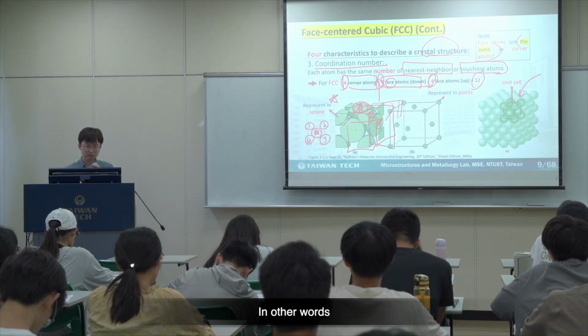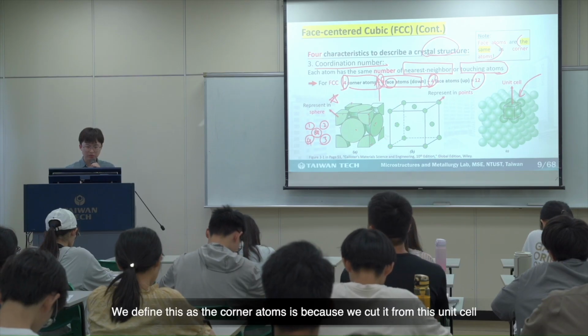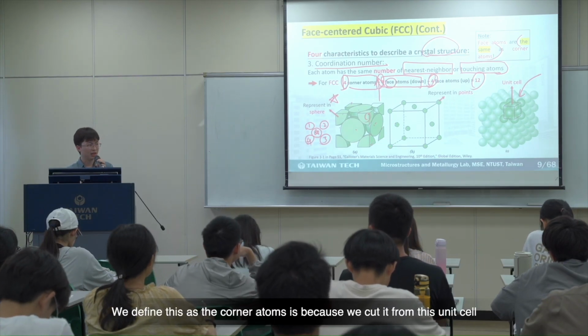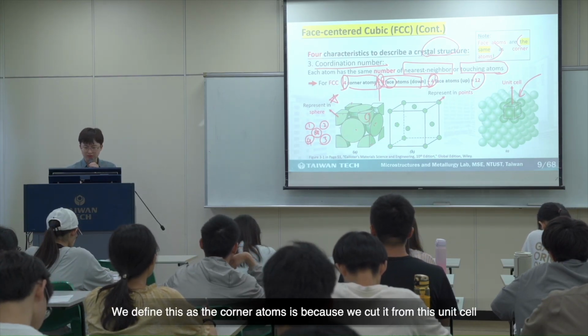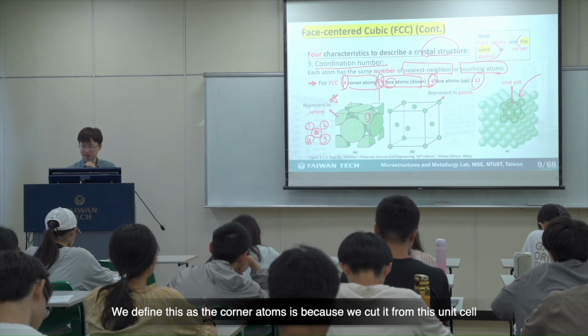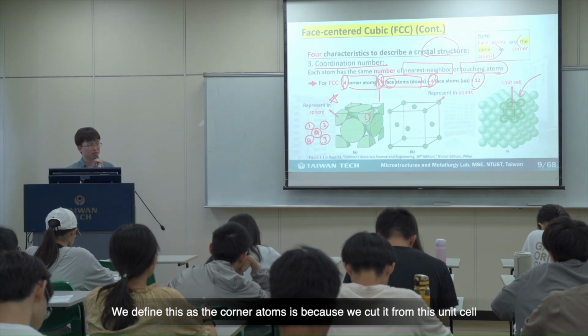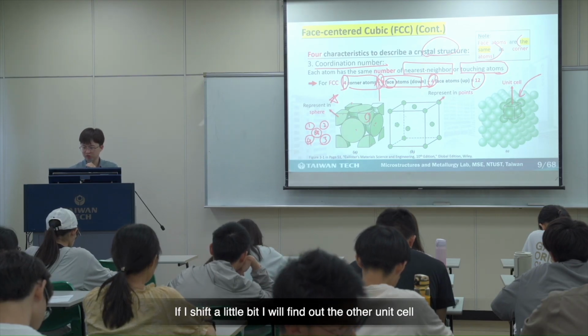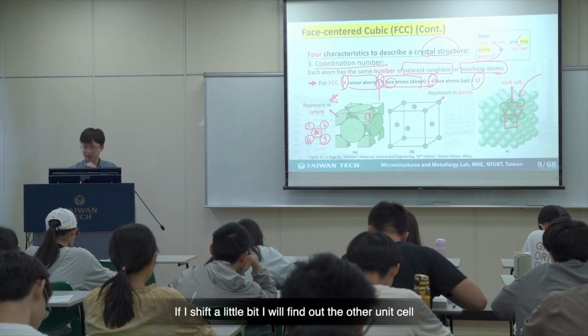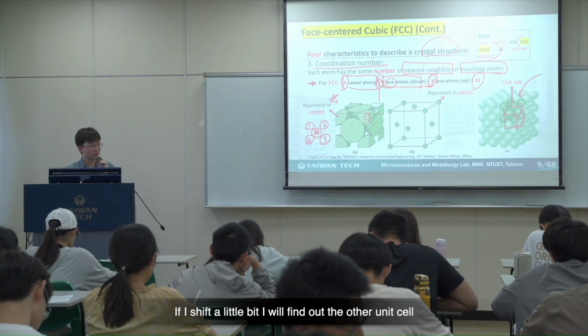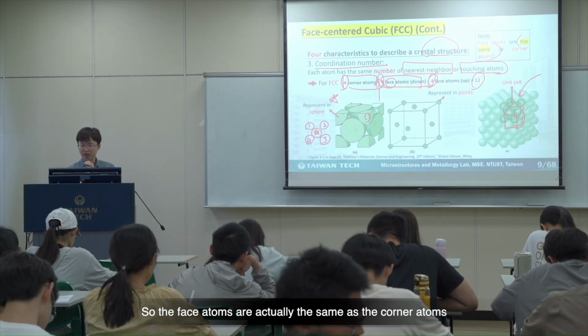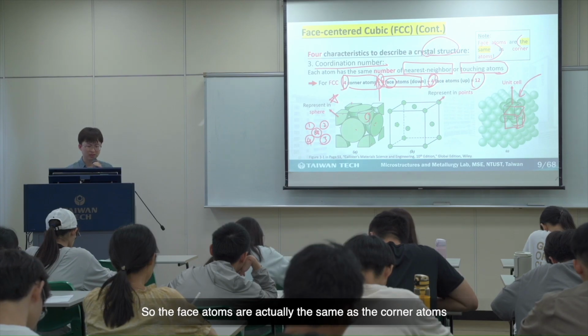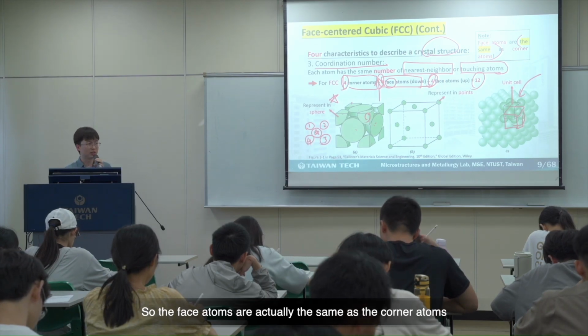In other words, we define this as the corner atoms because we cut it from these unit cells. If I shift a little bit, I will find out the other unit cells. So the face atoms are actually the same as the corner atoms.